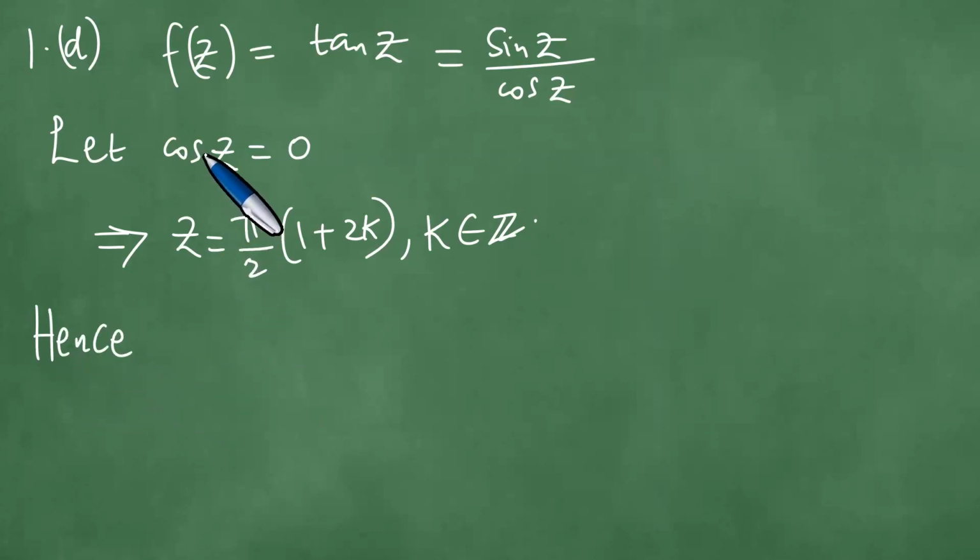We solved the cosine z equals 0 equation in the previous question in detail.